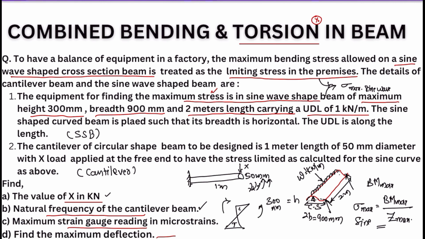Compressive strain is maximum here, tensile strain is maximum there. We have to find out whether tensile strain is more or compressive strain is more. What is the maximum strain? That becomes the strain gauge reading in microstrains. Strain gauges are always used to read in microstrains. Please remember this, it may come in your objective type questions. 10 to the power of minus 6 is equal to micro.